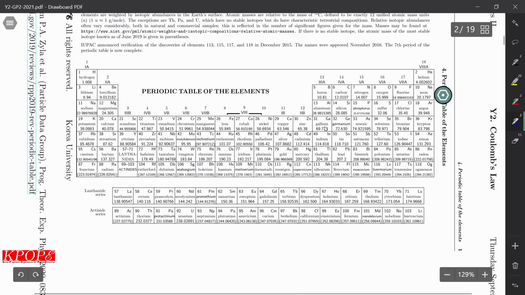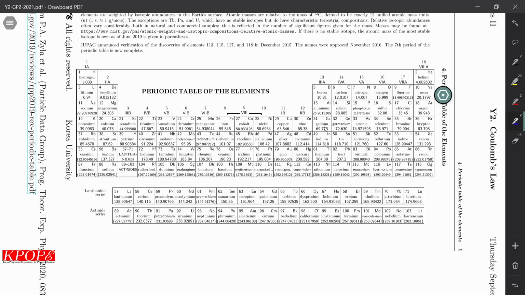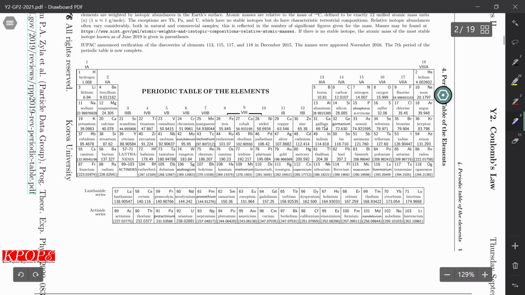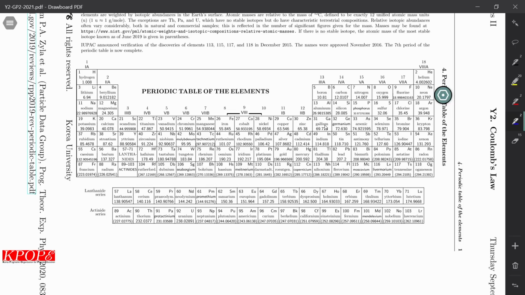This is the periodic table of elements. There are many elements, and you will find some numbers. This 1, 2, 3, 4, 5 are the number of protons in the nucleus of a single atom.